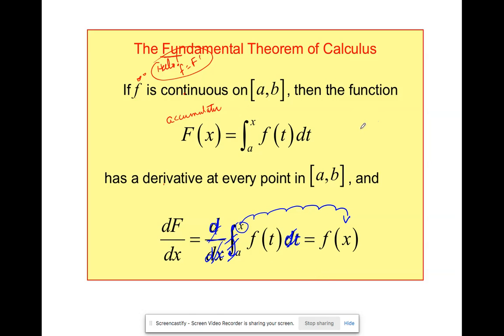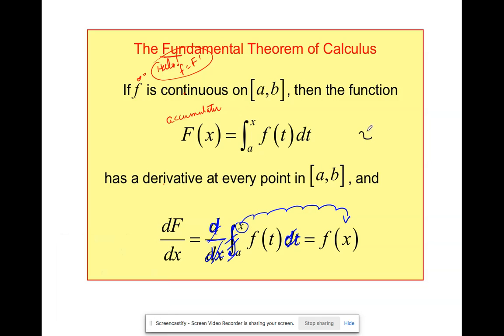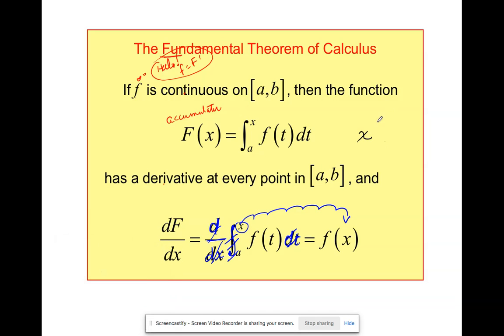It is the same as if you had x and somebody cubed it and then cube rooted it: the inverse operators go away and you're just left with x. That's exactly what's happening here.